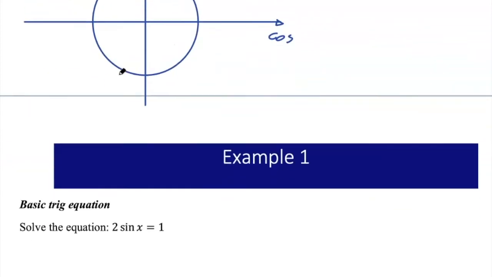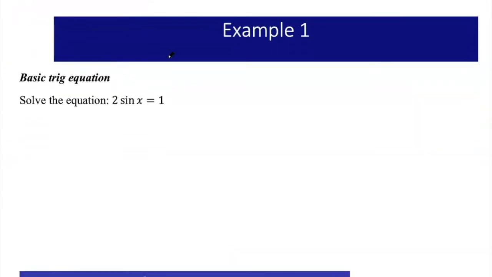Now let's look at an example of a basic trigonometric equation. Here I have that 2 times the sine of x is equal to 1. So what I need to do is consider the sine of x as my variable. And I can say that if I divide both sides by 2, I have that the sine of x equals 1/2. So up to this point, it is a normal algebraic equation.